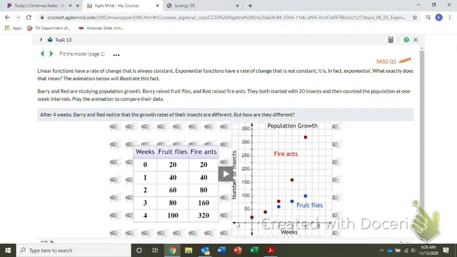All right, page 341. Complete the table to compare the difference in growth rates of fruit flies and fire ants. So, on your constant addition, what is it doing every time?